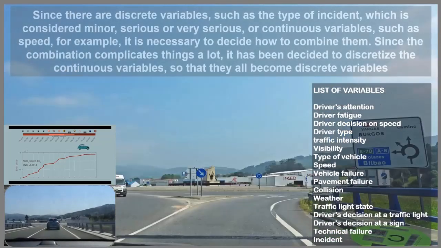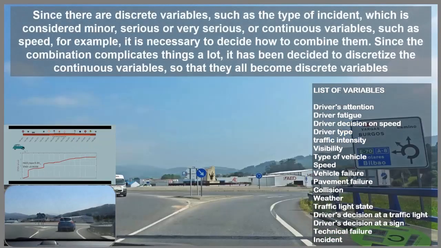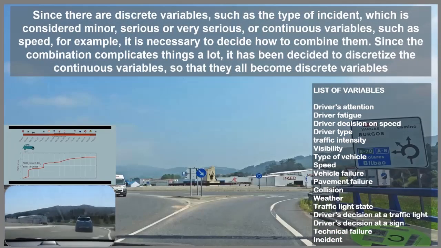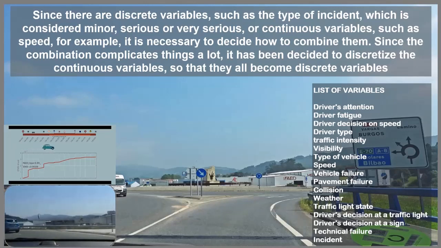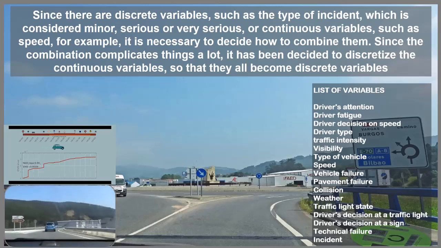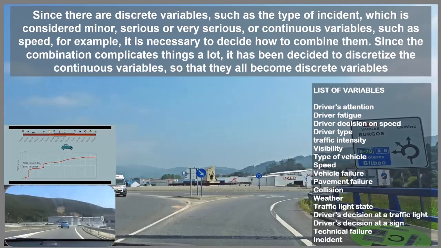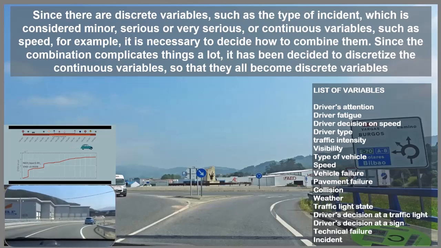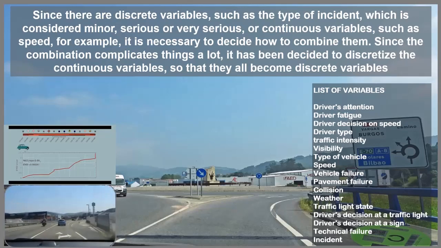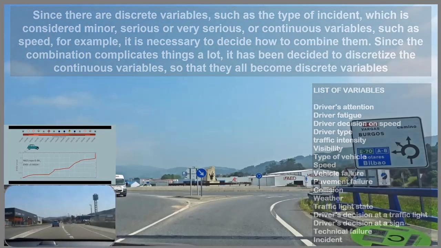Since there are discrete variables, such as the type of incident, which is considered minor, serious or very serious, or continuous variables, such as speed, for example, it is necessary to decide how to combine them. Since the combination complicates things a lot, it has been decided to discretize the continuous variables, so that they all become discrete variables.